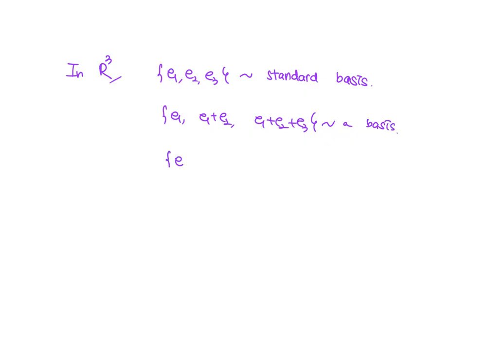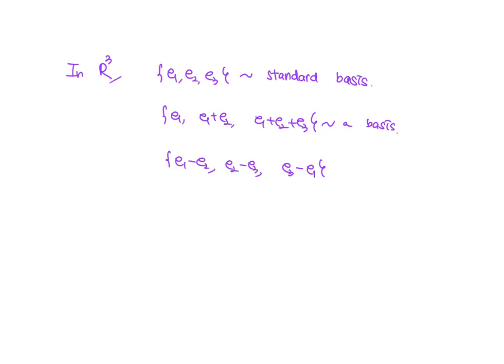How about E1 minus E2, E2 minus E3, and E3 minus E1? Is this a basis? First of all, is this linearly independent? Yes? No? What kind of linear dependence relation can I derive?